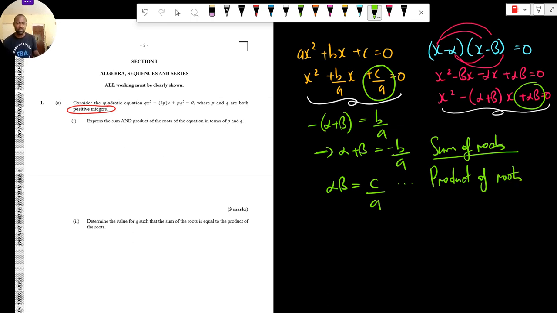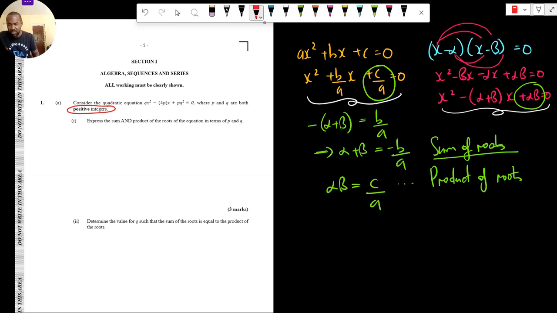So this is where the sum and the product of the roots come from, and this is what they're equal to. So for any quadratic equation ax squared plus bx plus c equals 0, the sum of the roots alpha plus beta equals minus b over a, and the product of the roots alpha beta is equal to c over a. Now let's go back to the question.